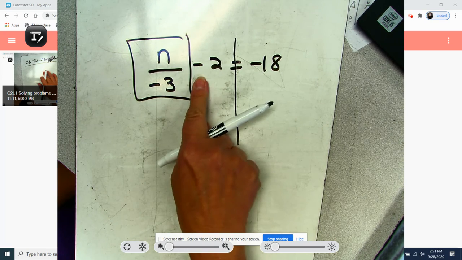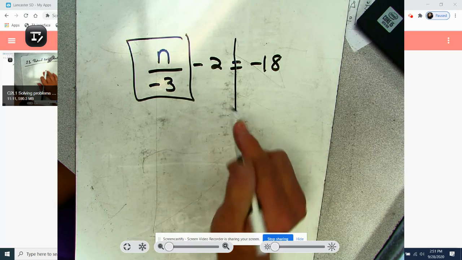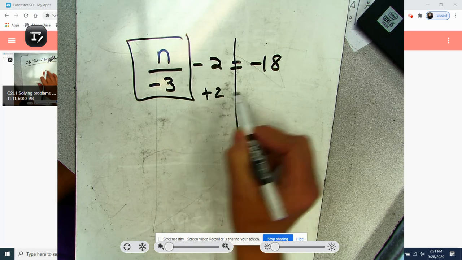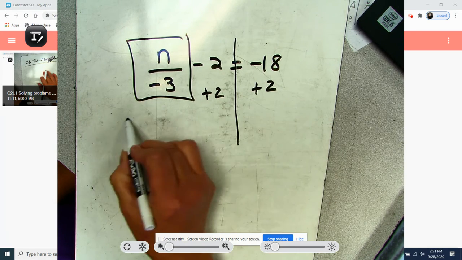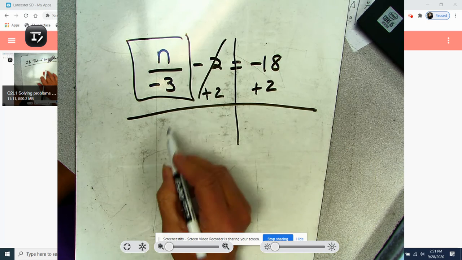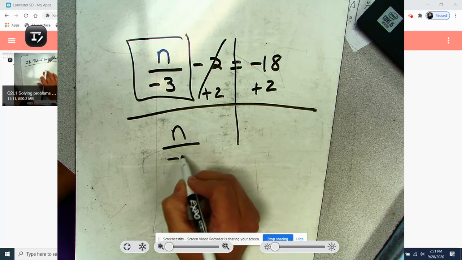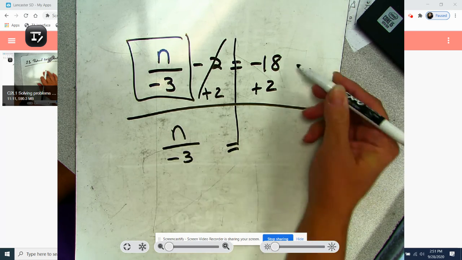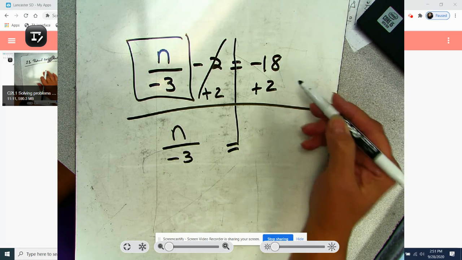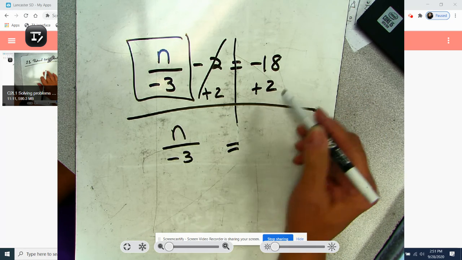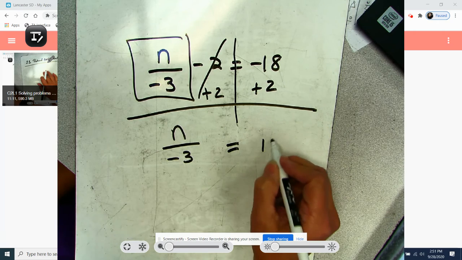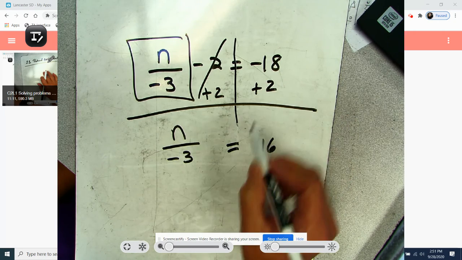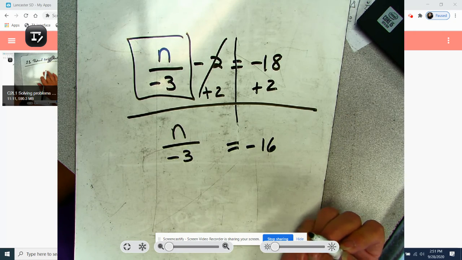I'm going to look to see what's outside my box, which is negative 2. So I'm going to add positive 2 because it's the opposite. I'm going to end up with n divided by negative 3 equals negative 18 and positive 2. Different signs, subtract. So 18 minus 2 is 16. 18 is bigger, we keep its sign.